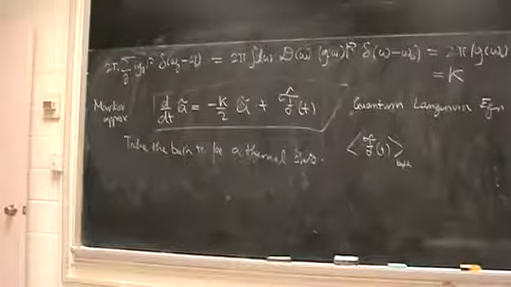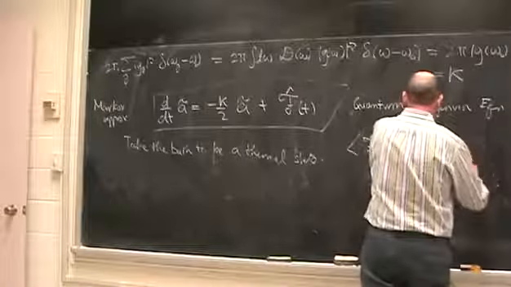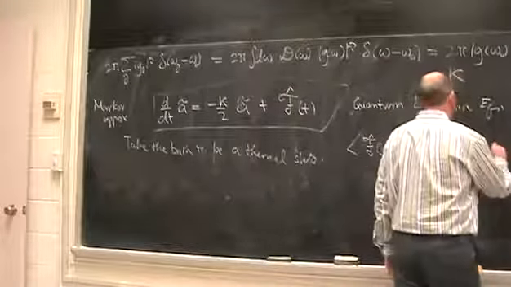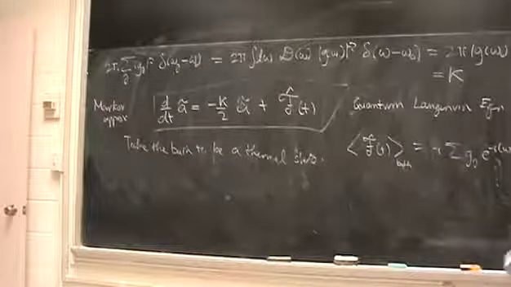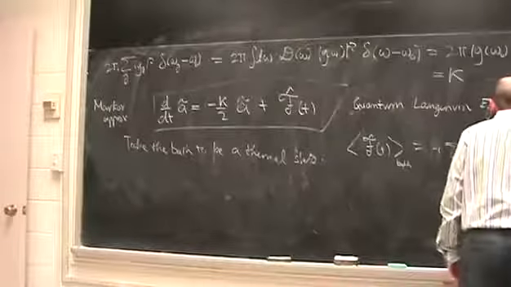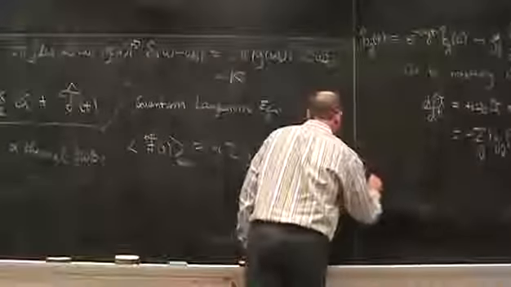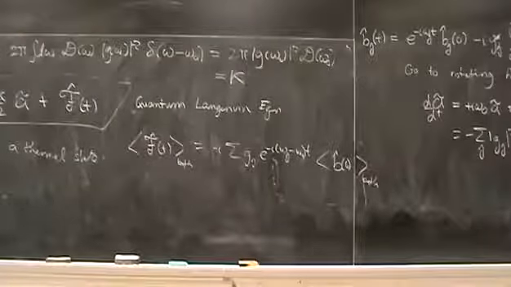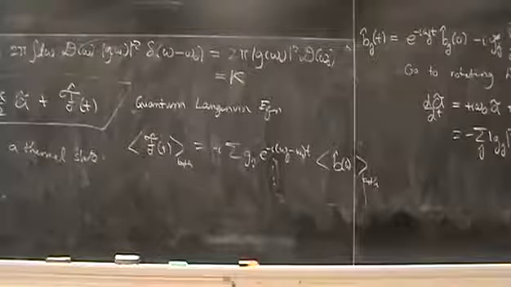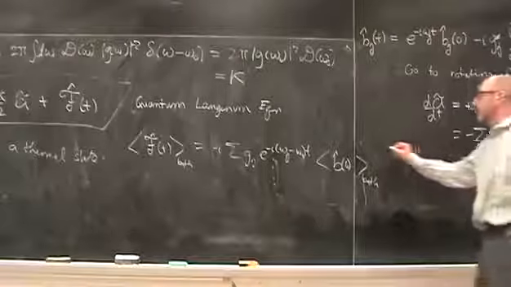Well, that's equal to 0, right? It's a thermal state. Thermal state has no mean field. Same thing is true for F dagger.